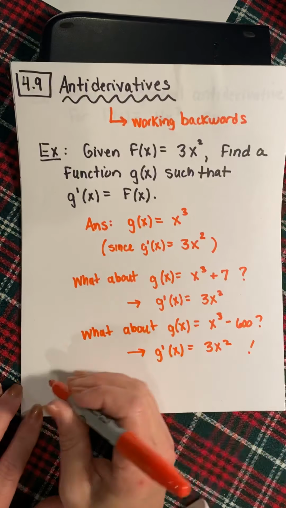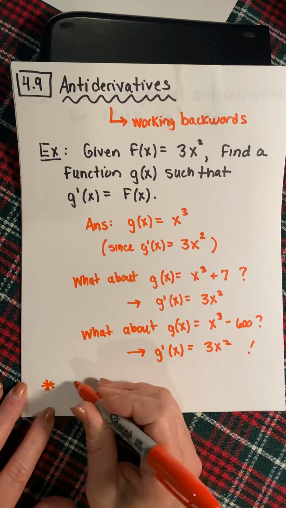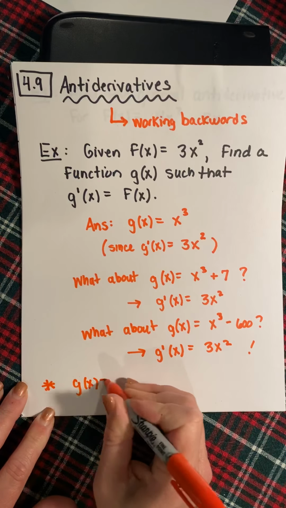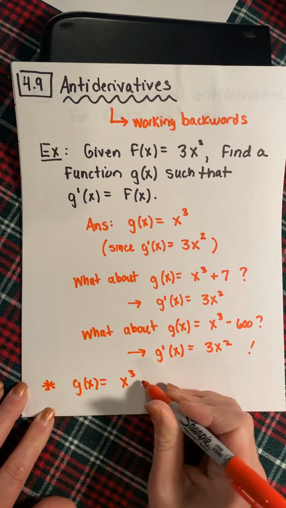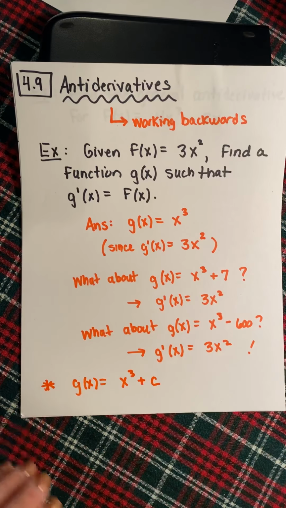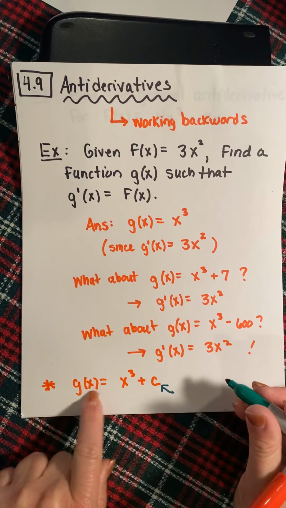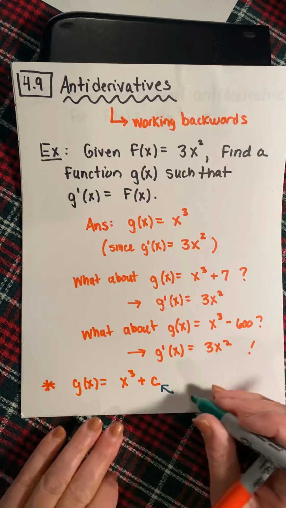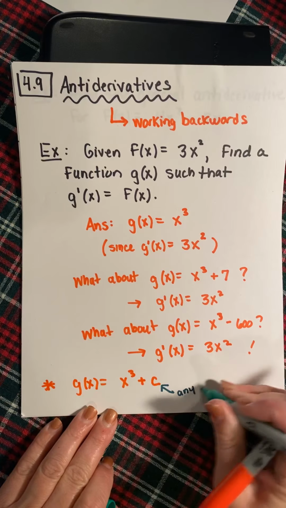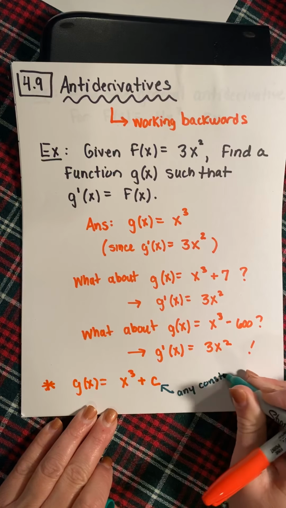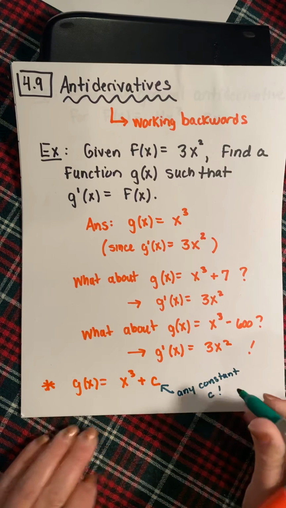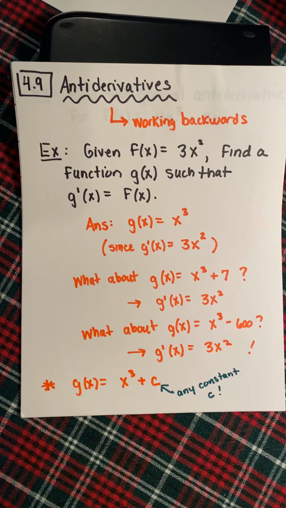What we do is we say g of x is equal to x cubed plus any constant c. Notice that the input variable is x, and this is a constant, so c can be any constant. So this is called the general antiderivative of 3x squared.